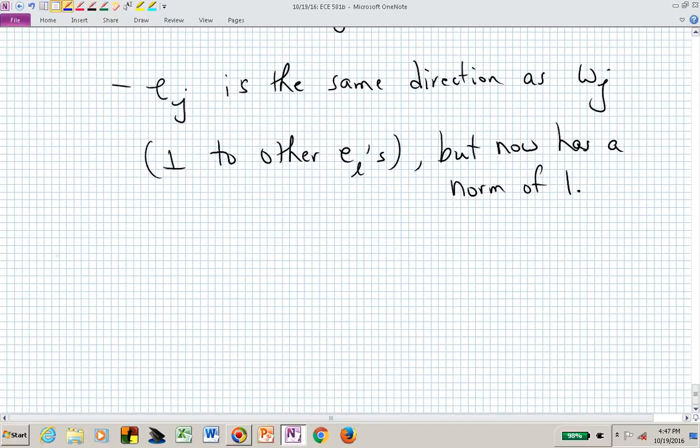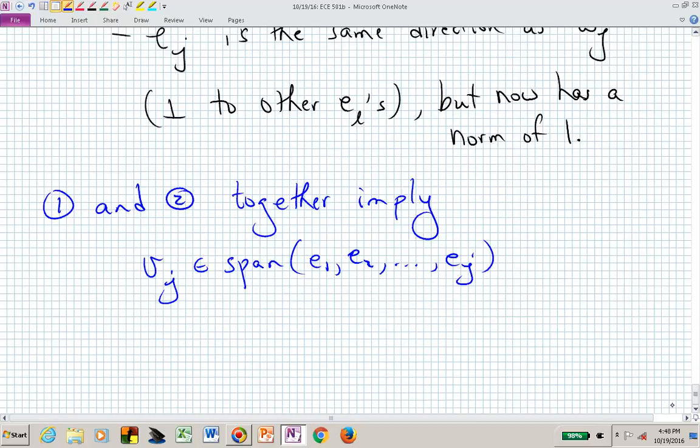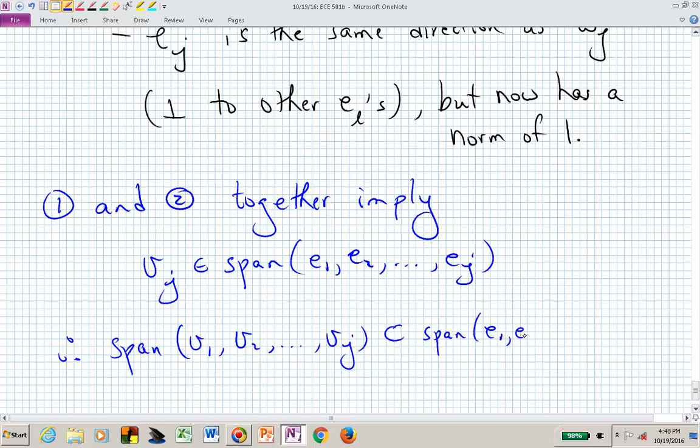And if we take step 1 and step 2 together, they actually imply that the span of V1, V2, up to V sub j is contained in the span of E1, E2, up to E sub j.